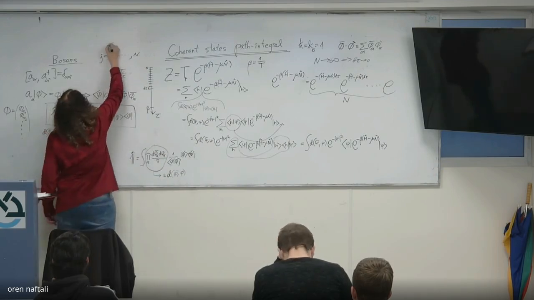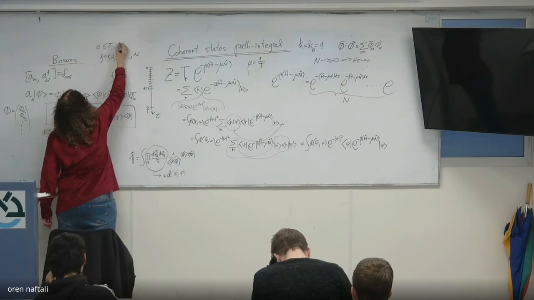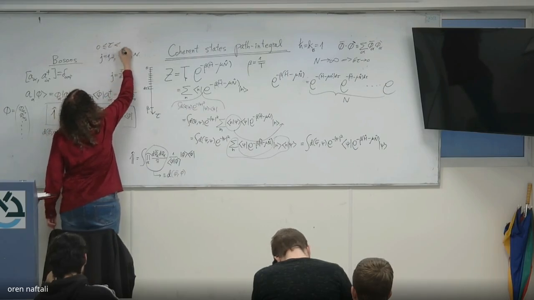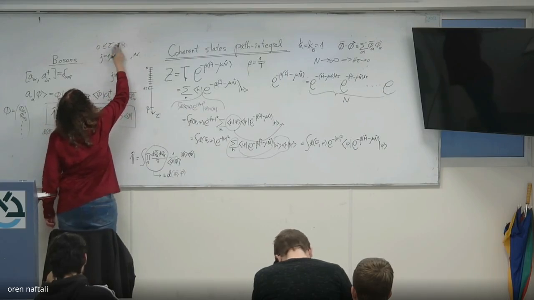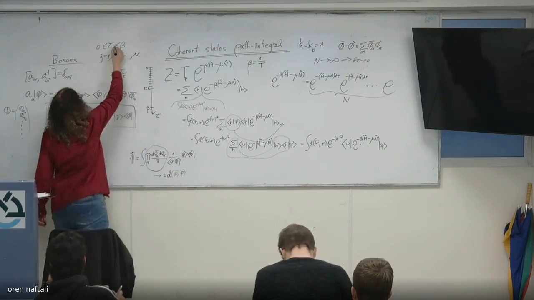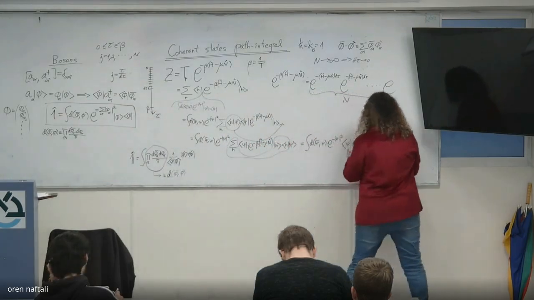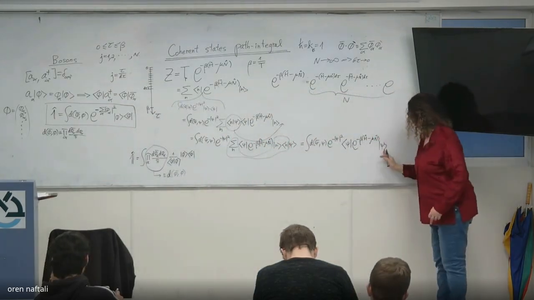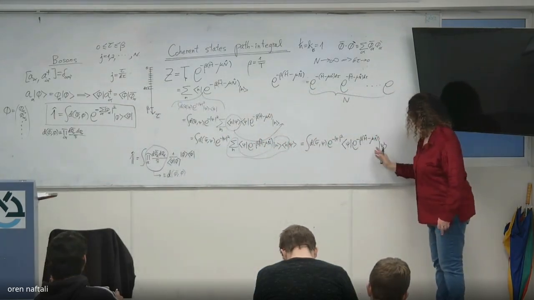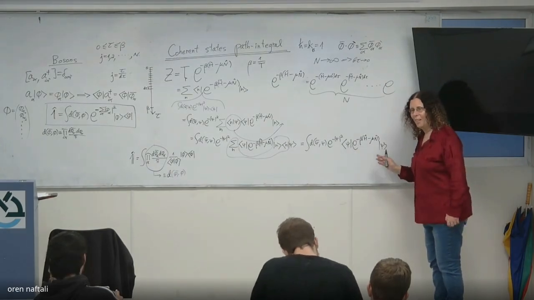So tau goes from 0 to beta, where actually beta and 0 are the same, because what we want to do is compute this matrix element, which is diagonal, so we go back to the same point.